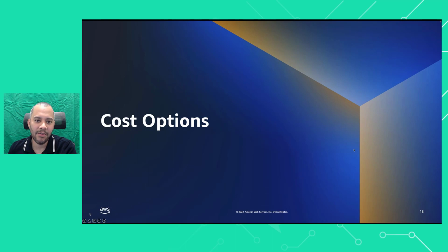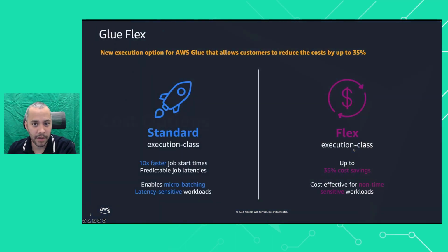Perfect. So now let's talk about a very important topic, cost options. We released a new execution option for AWS Glue. The name of that is Glue Flex. Glue Flex, in a nutshell, uses spare capacity, not a dedicated EC2 instance, to run your ETL jobs.